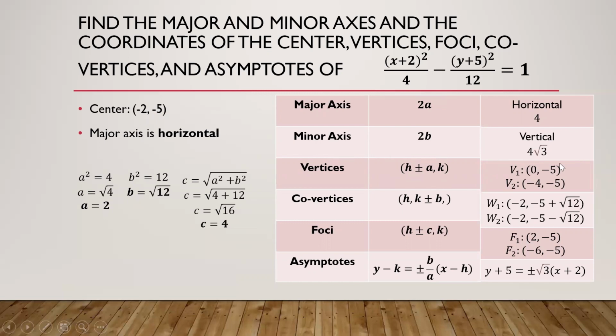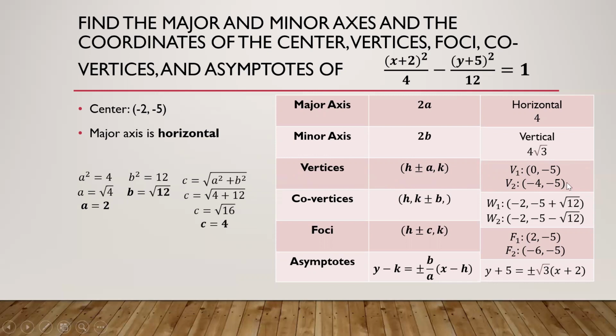So -2 plus 2 is 0, comma k. So we just copy k. So that's -5. So 0, comma -5. Then h minus a, comma k. So h minus a, that's -2 minus 2, which gives us -4, comma -5.